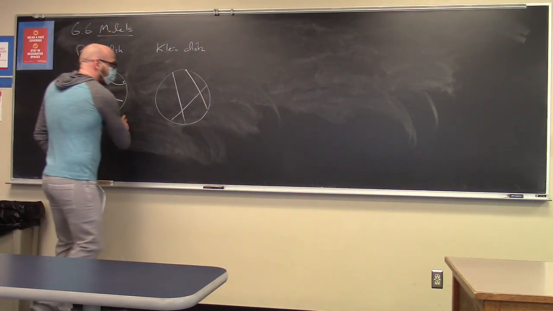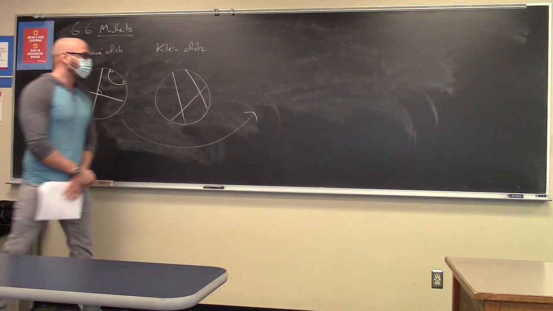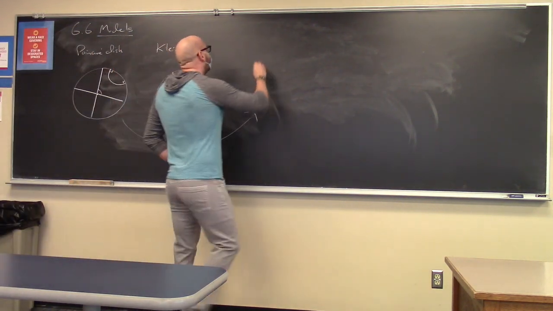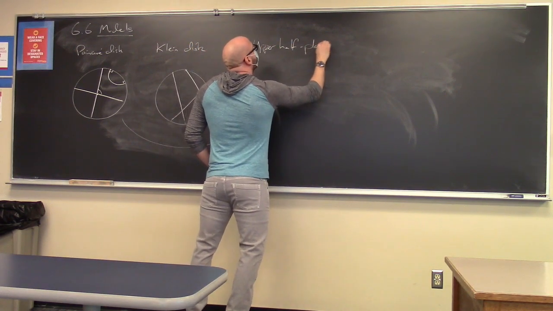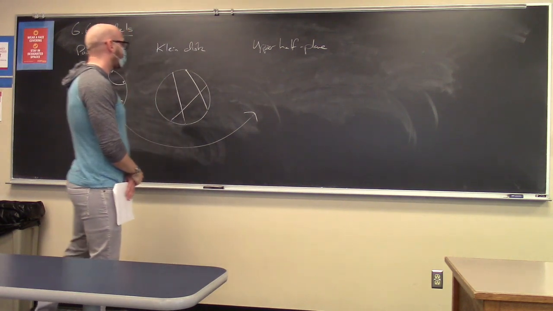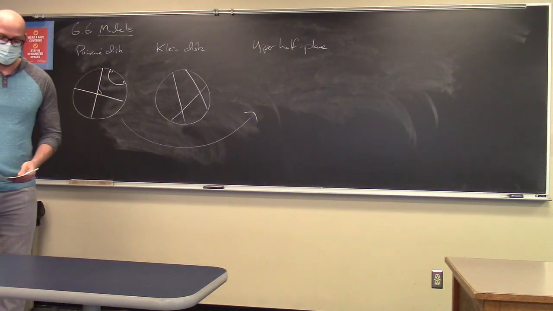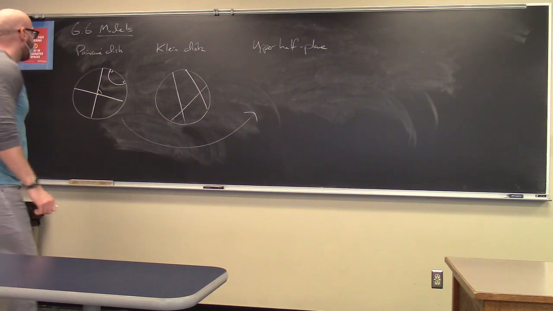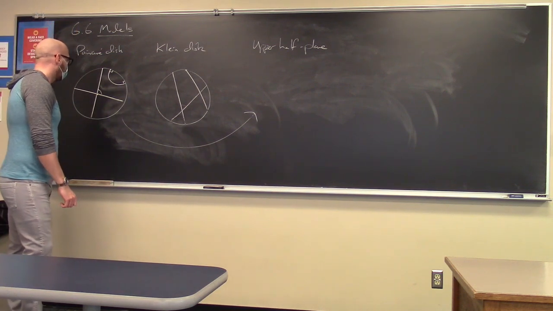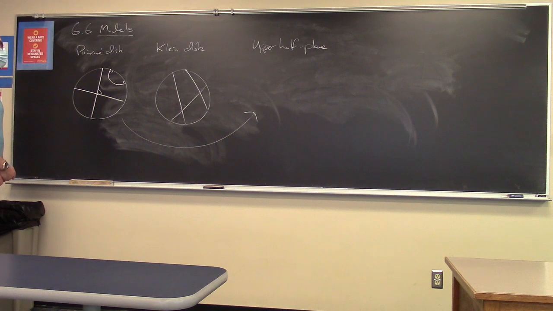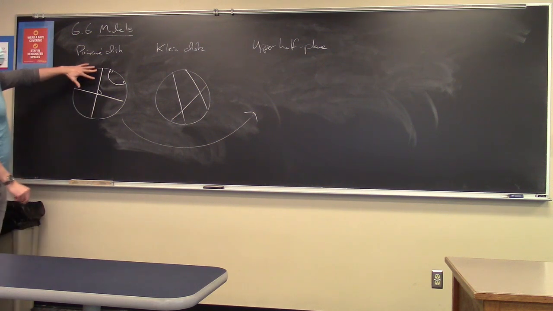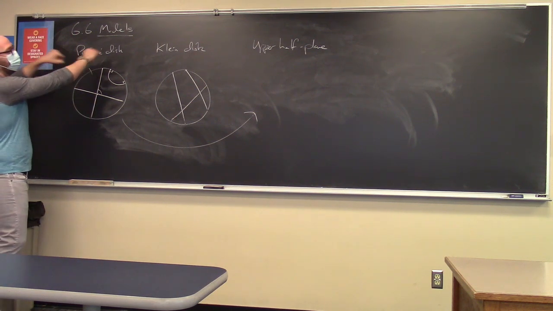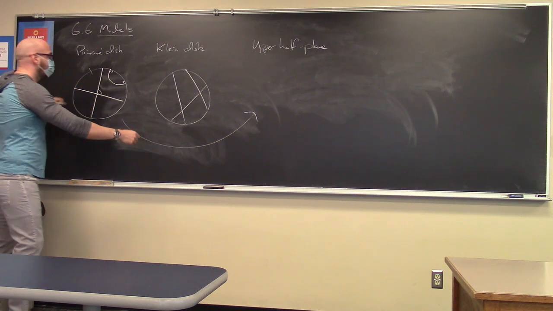And then we had our third model that we introduced way back at the very beginning of this course. We have the upper half plane. Which is very, very closely related to the Poincare disk in that I can imagine just coming in here with some scissors or something and cutting the boundary of this disk and unrolling the whole thing, right?